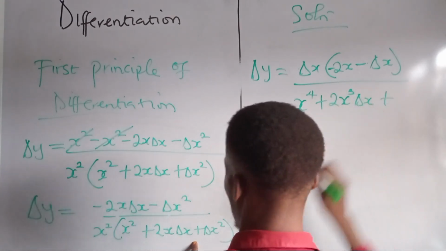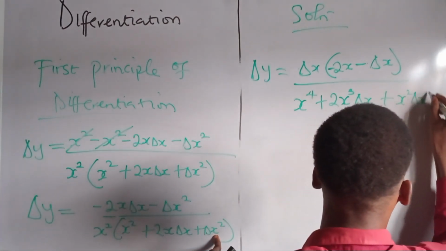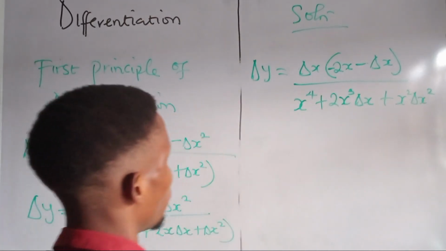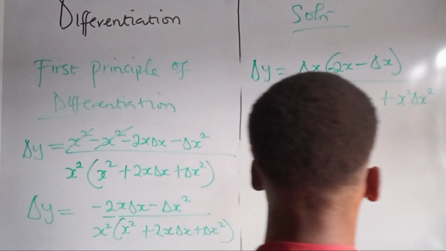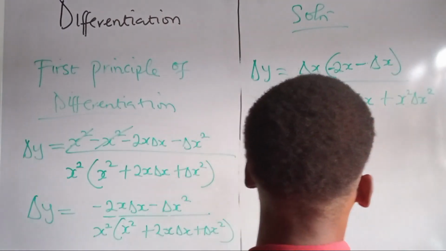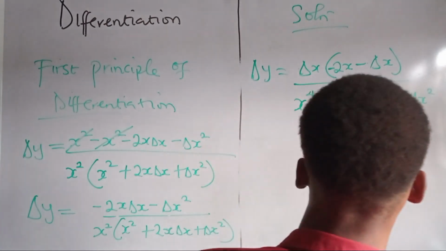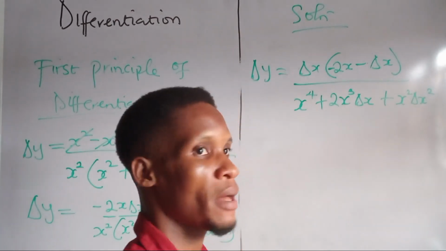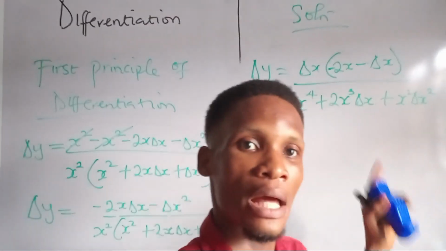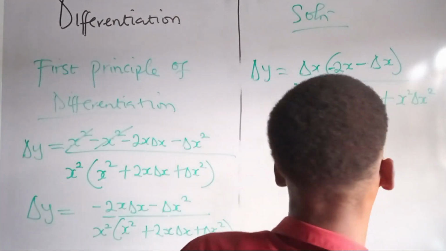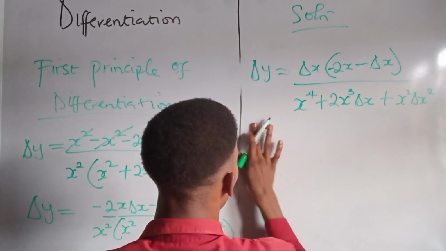Then plus this going against this should be s squared change in s squared. Do you understand? So now we have reached this point here now. So now what you do is you multiply both sides by 1 over change in s. What do I mean? You multiply this side by 1, that is change in y.